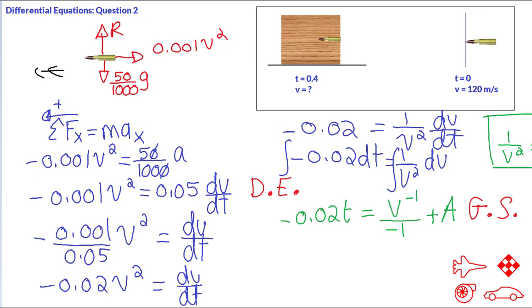Now we know when time was 0, v was 120. So when t is 0, v is equal to 120. We can now substitute these values into our equation. So it becomes 0 is equal to minus 1 over 120 plus a. Therefore, a is equal to 1 over 120.